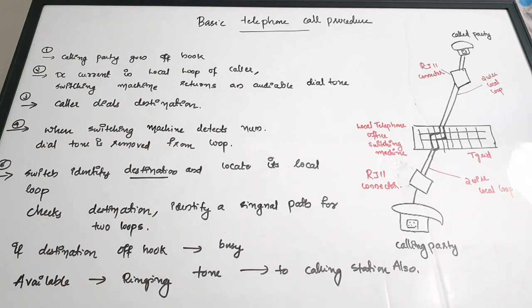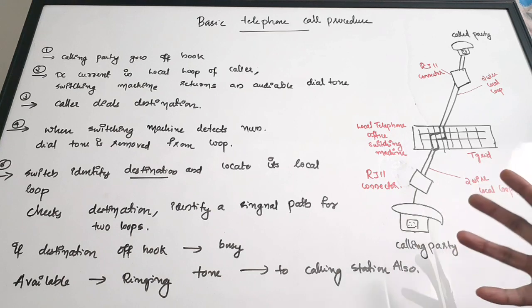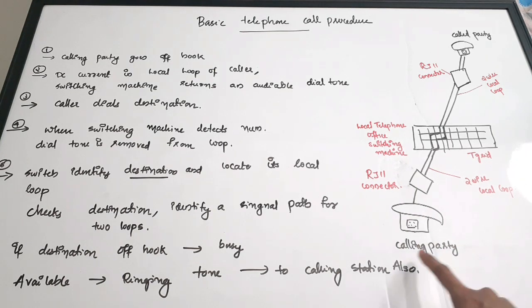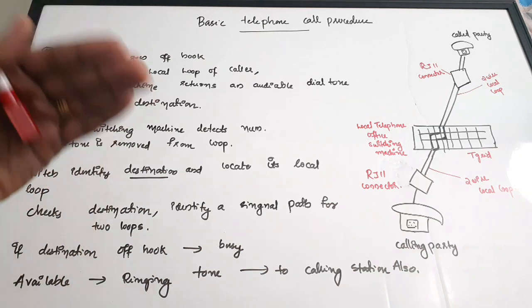What are the procedures? First, the calling party is the party which is initiating the call. When the calling party goes off hook, that is, picks up the phone or the handset of the phone, we say that the calling party goes off hook.